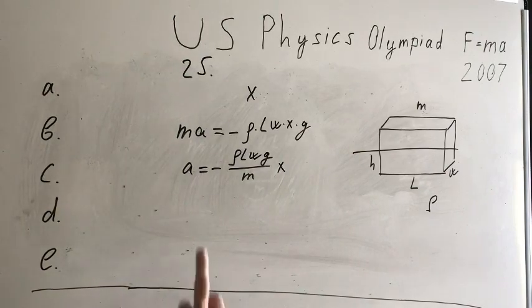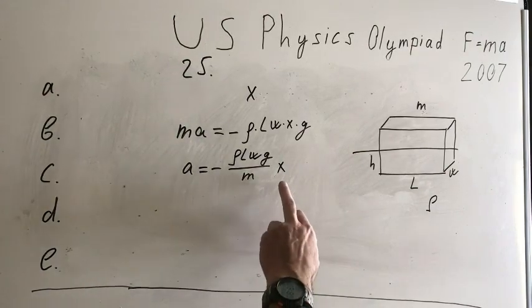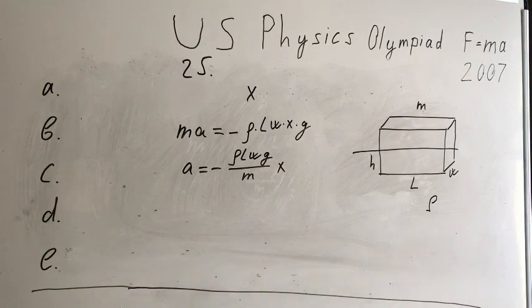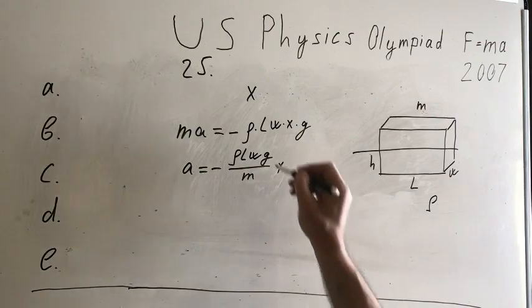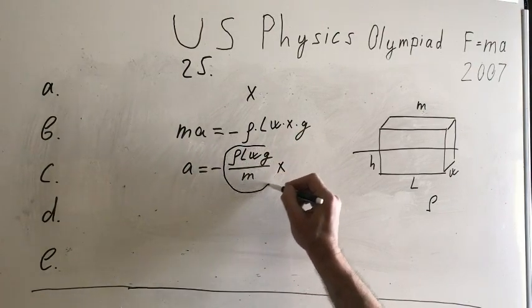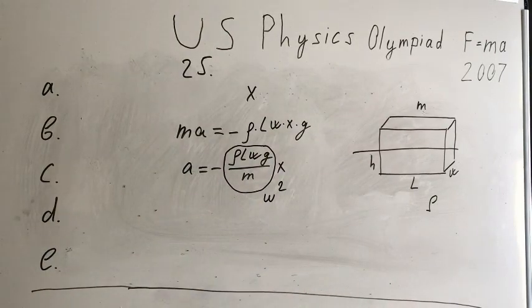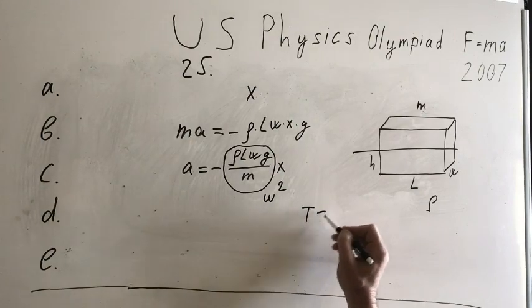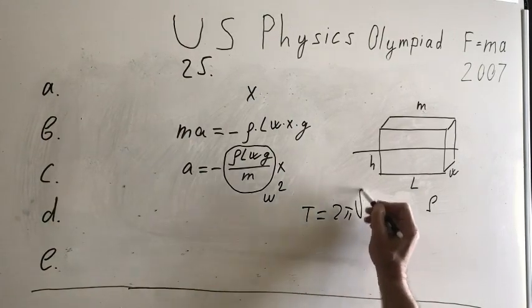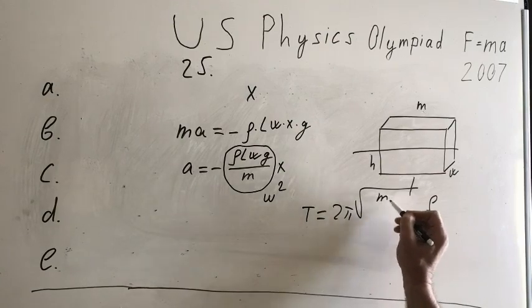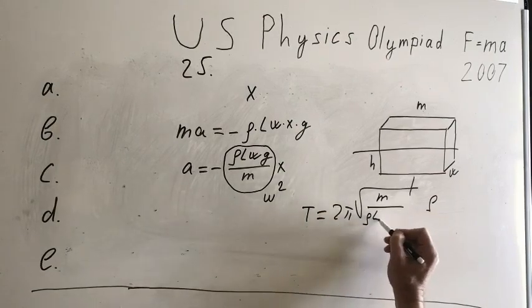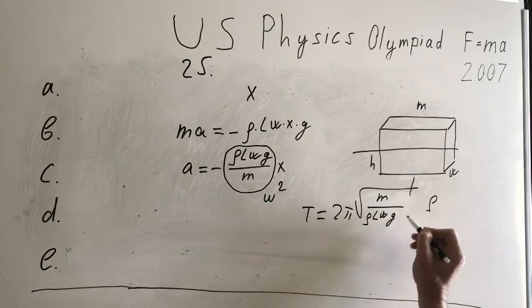We see that acceleration is proportional to displacement and always directed back toward equilibrium. That's the regular equation for simple harmonic motion, and we know that in this case this coefficient is exactly ω squared. So from this we have the period equal to 2π root of m over ρLWg.